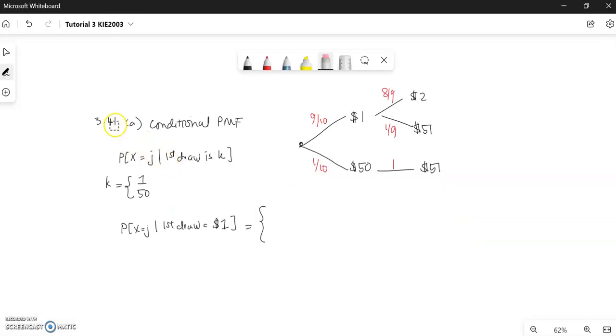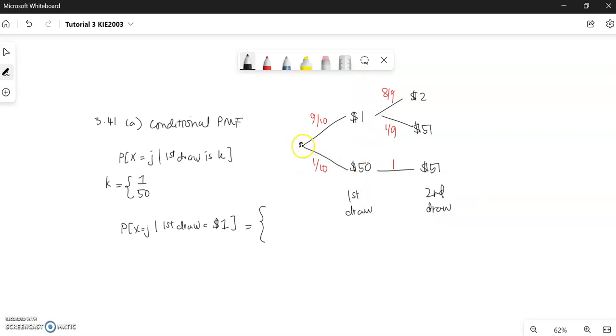For the conditional PMF, what I have here is the experiment. This is the first draw, which I have drawn as a sequential experiment using this tree diagram. The first layer is the first draw.